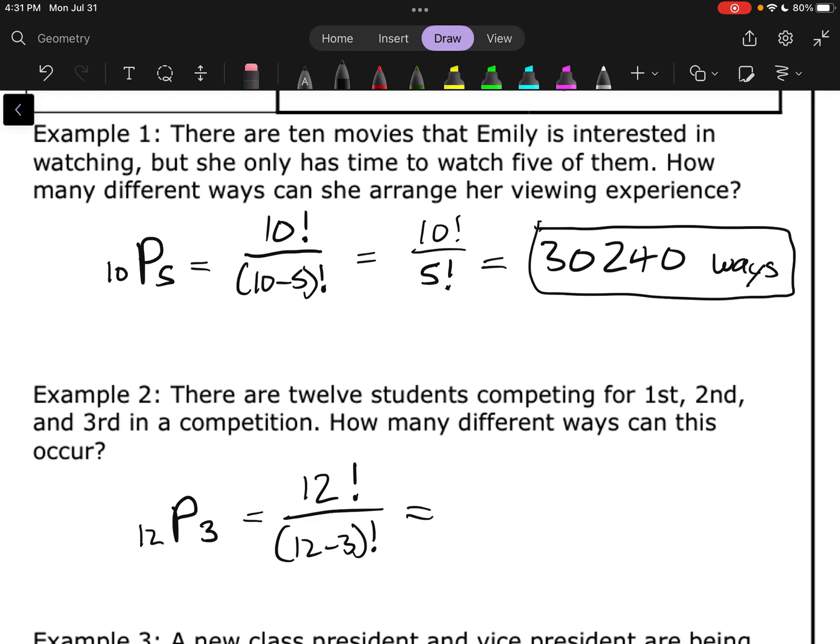Once again, order matters here because somebody getting first is much different than them getting third. So this would be 12 factorial over 12 minus 3, we know is 9 factorial. So 12 factorial over 9 factorial. That's giving me 1,320 different ways.